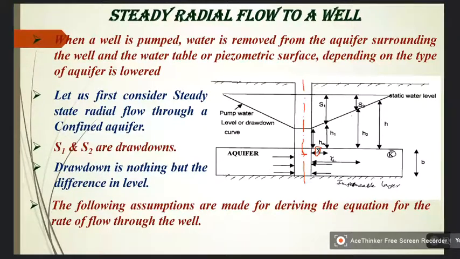The second point is R2. So at these two points, the drawdowns are S1 and S2 respectively. When the drawdown is S1, the head in the well above the aquifer is H1. And here it is H2. The undisturbed head, that is the equilibrium or static head, is H. The head in the well is HW.